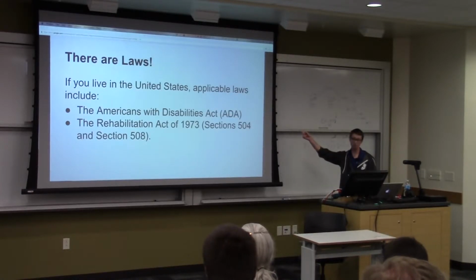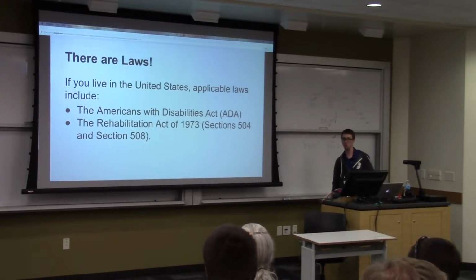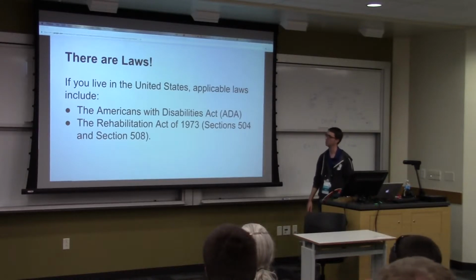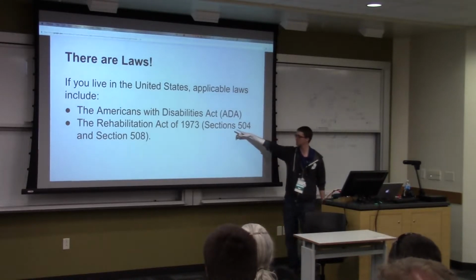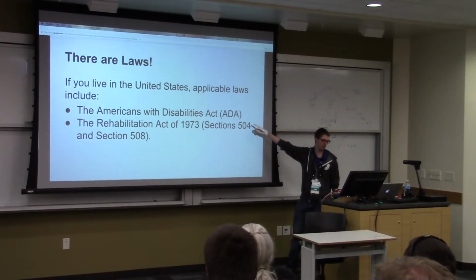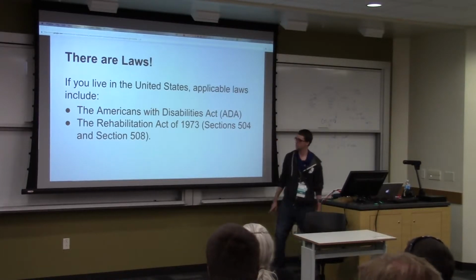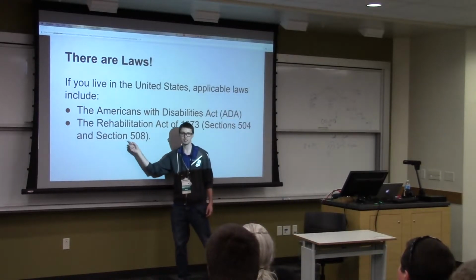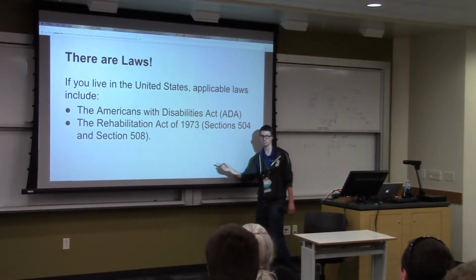So there are laws and there are protocols and procedures that are related. So there's the Americans with Disabilities Act. I can't remember what year that came out. And then there's the Rehabilitation Act of 1973. So you'll see this a lot, Section 508. That should look familiar for anybody that's looked into accessibility.